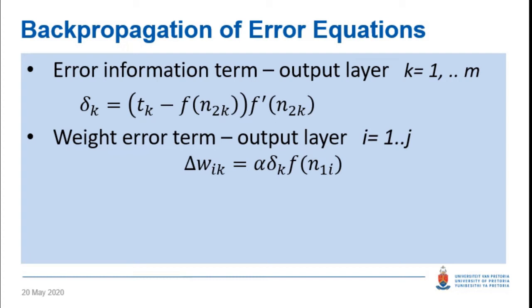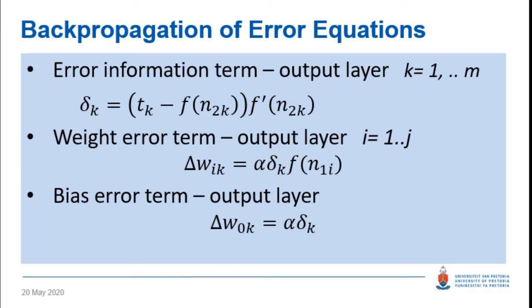We also spoke about alpha yesterday with the perceptron learning algorithm, and alpha can be used to control the rate of learning. And different values are used. Often fractions are used for this. You could also use a value of 1. Again, the best value to use is problem dependent. That's multiplied by the error information term, and then the activation of the neural network at the hidden layers, then multiplied with that to work out the weight error term, or the delta in that case.